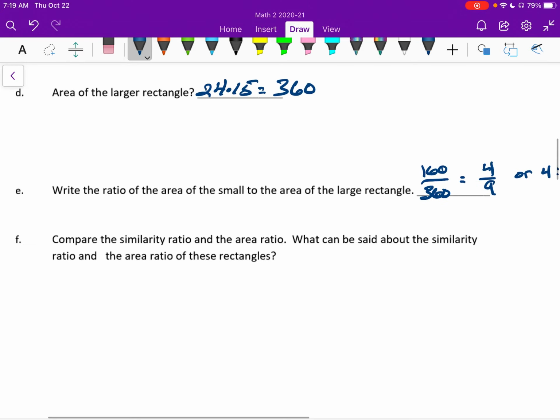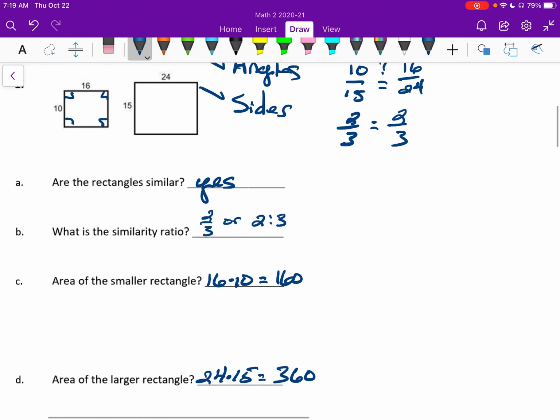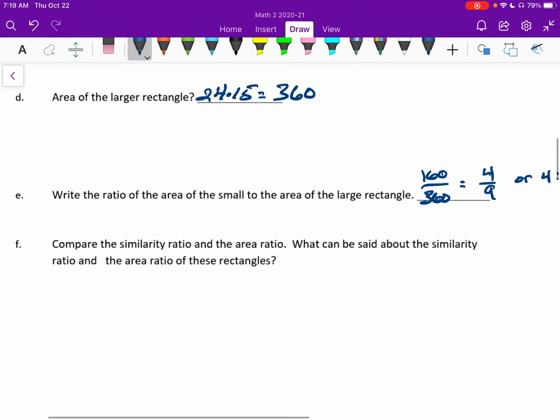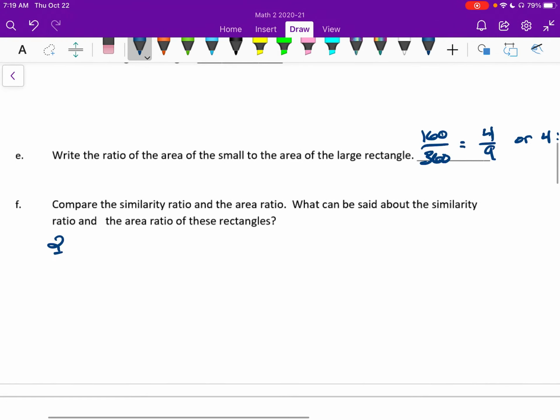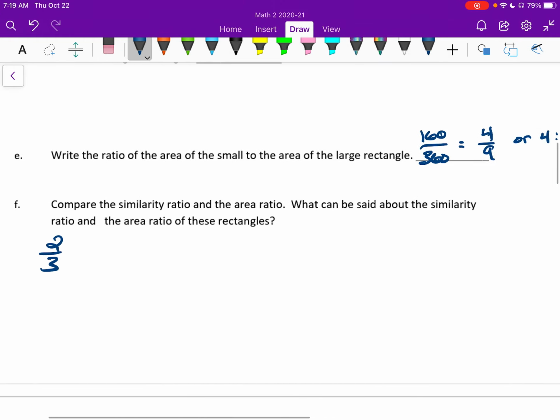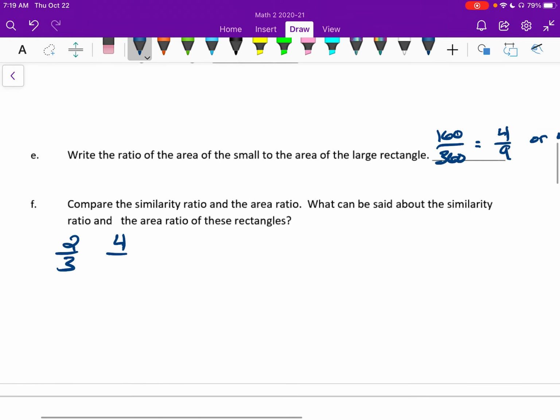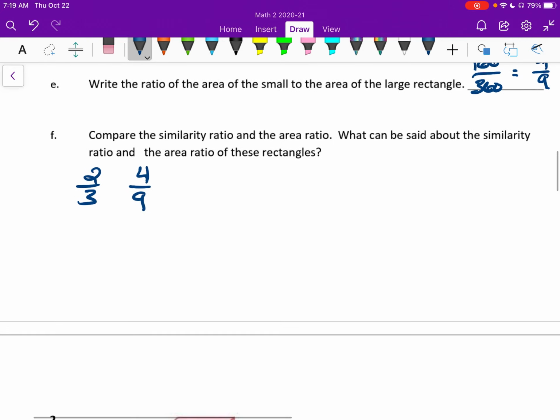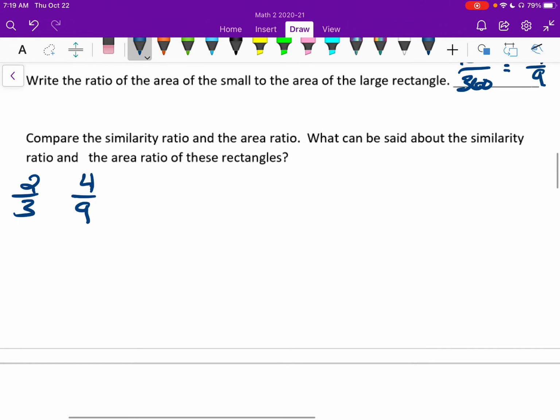So let's just write those down. The similarity ratio is 2 to 3, I'll just write it as a fraction, 2 over 3. And the area ratio is 4 over 9. So it says compare them.